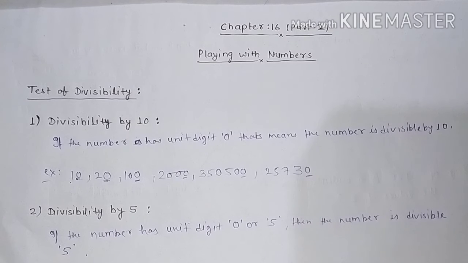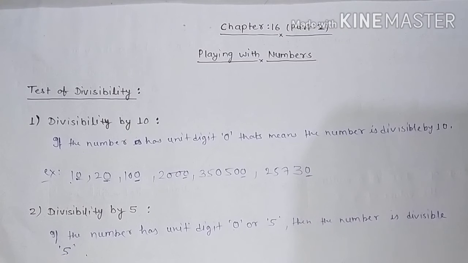It means if any large number is given, let's suppose 25375, and we have to state whether this large number is divisible by 5 or not, what we have to do is see the unit digit. It is 5 here, so if the unit digit is 0 or 5, that means this number is divisible by 5.